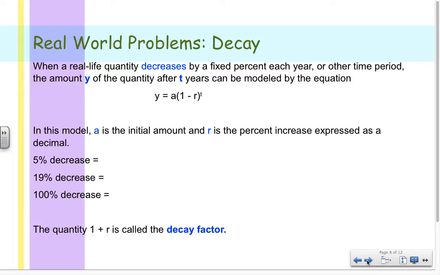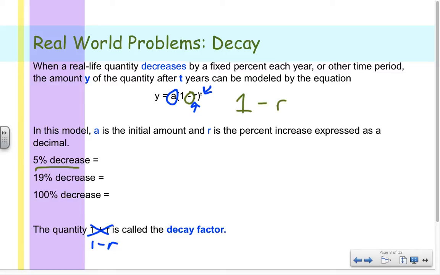Now, all of this stuff is the same. That should be 1 minus r. All this stuff is going to be the same. A is the initial amount, t is the time, r is the rate. The only thing that's changed, we were talking about decay or decreasing, so we should have a negative here. We're going to do 1 minus whatever our rate is, which is called the decay factor.